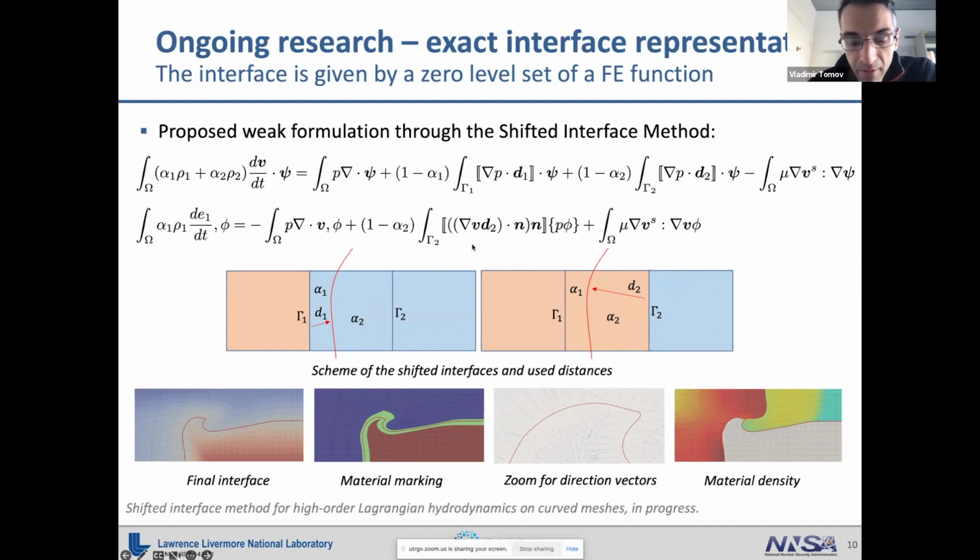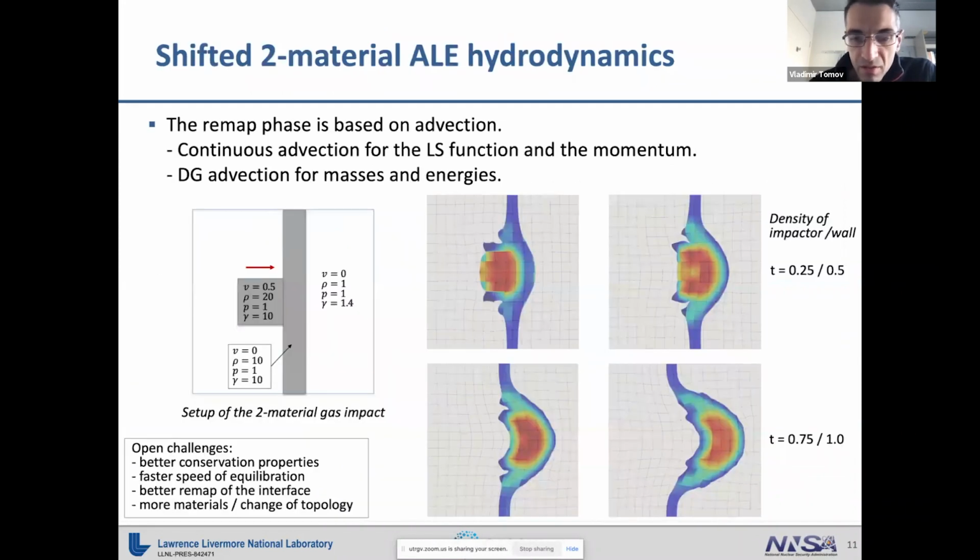But this is one way to do an exact curved interface and represent it in Lagrangian simulation. Some other results. Again, here it's an impact problem. This part hits the wall, and you can see the curved mesh and the curved interface inside.